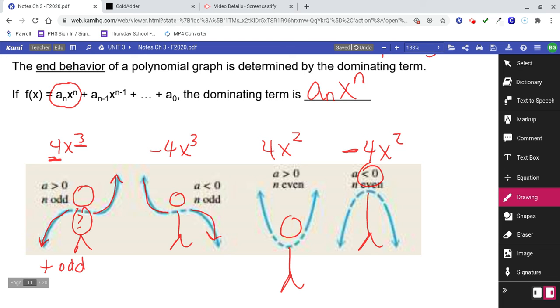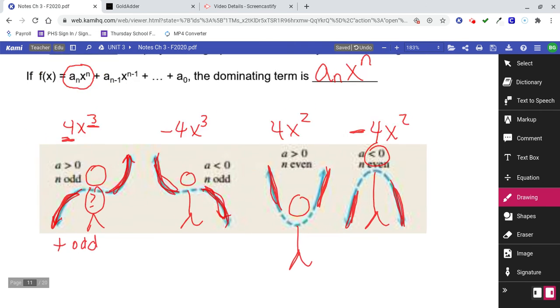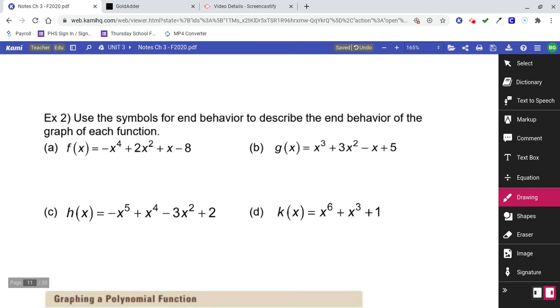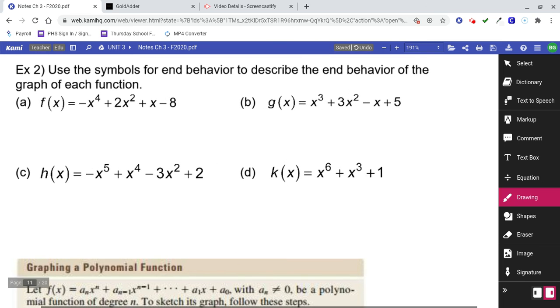So we've got down and up. We've got up and down. We've got up and up, or down and down. That's the end behavior. And again, it's called end behavior because we're not really talking about what's in the middle. We don't really know what's happening in the middle, but we can tell the end behavior pretty quickly.